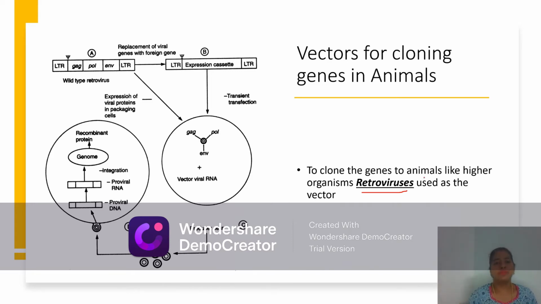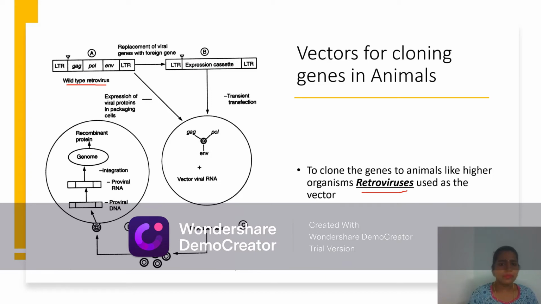Retro means reverse. Understand? Whichever DNA or gene of interest, you can see here the wild type retrovirus. This is the normal genome of a retrovirus, or viral gene. In this normal gene you can see gag, pol, env. This is the normal gene sequence of a retrovirus. Into this normal sequence we put our foreign DNA, that is the expression cassette.